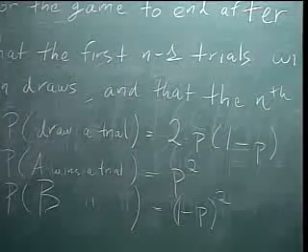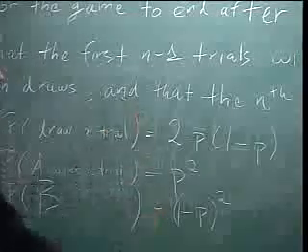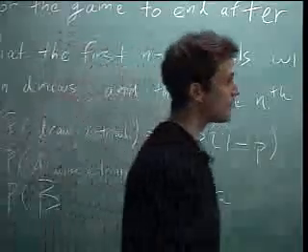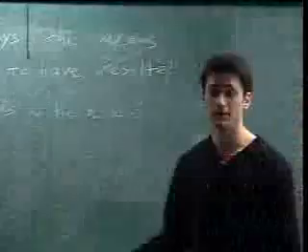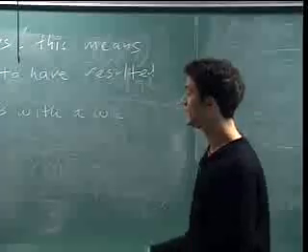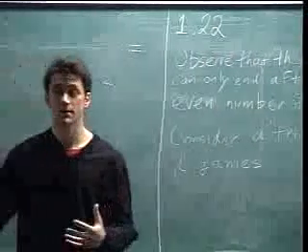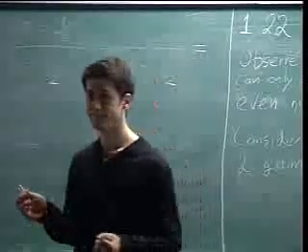So now we have all the necessary tools to answer the questions posed in the problem, because now these trials are independent, which is great because we can just calculate probabilities. As you remember, the property of independence is that the probability of something and something else is just the product of the two individual probabilities.